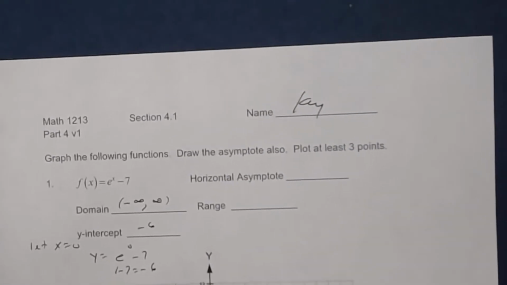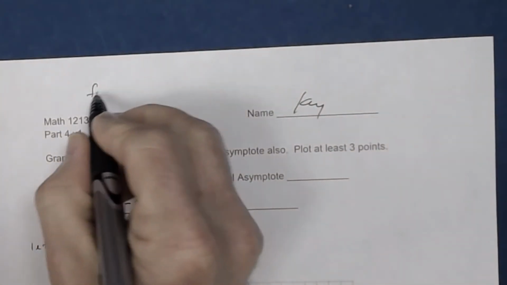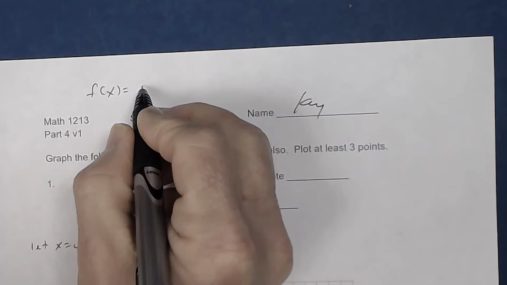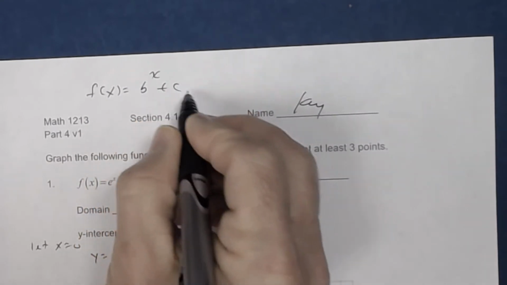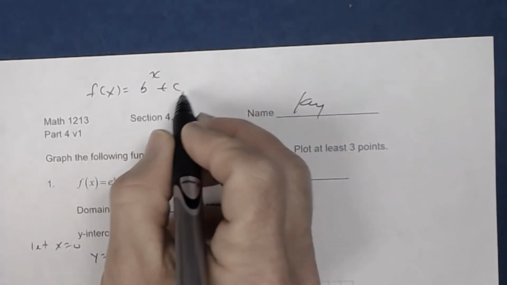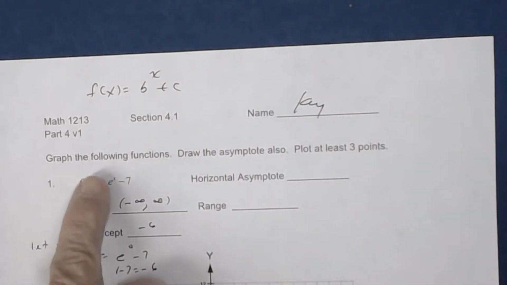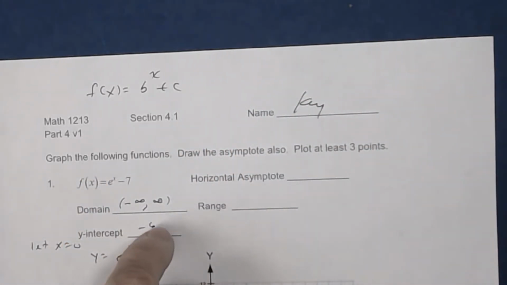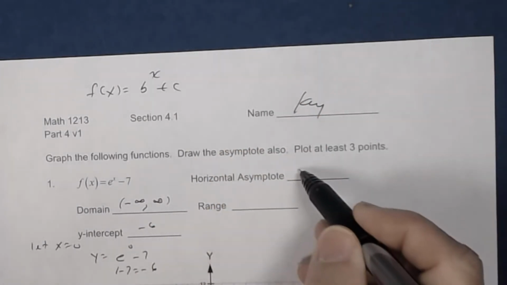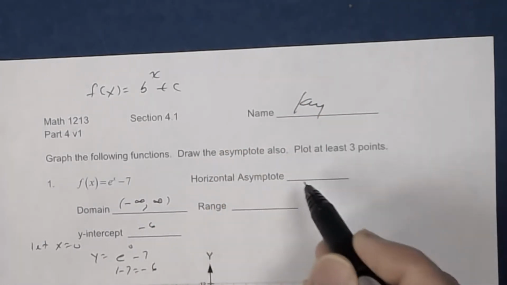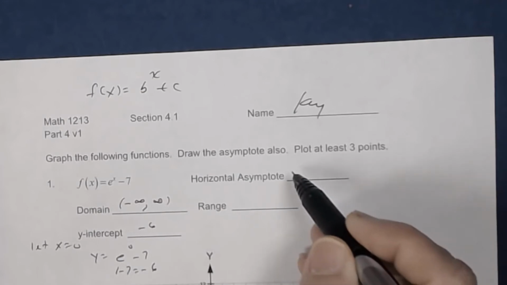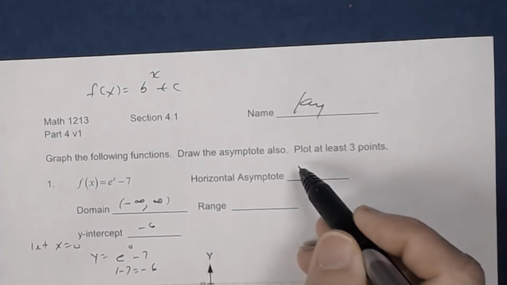Now remember, in an exponential function, it has this form, f of x equals b to the x plus c, where this constant is your horizontal asymptote. So all exponential functions have a horizontal asymptote. Remember, it's a horizontal line. We denote it as a dotted line, but it's a horizontal line, so you have to use an equation.